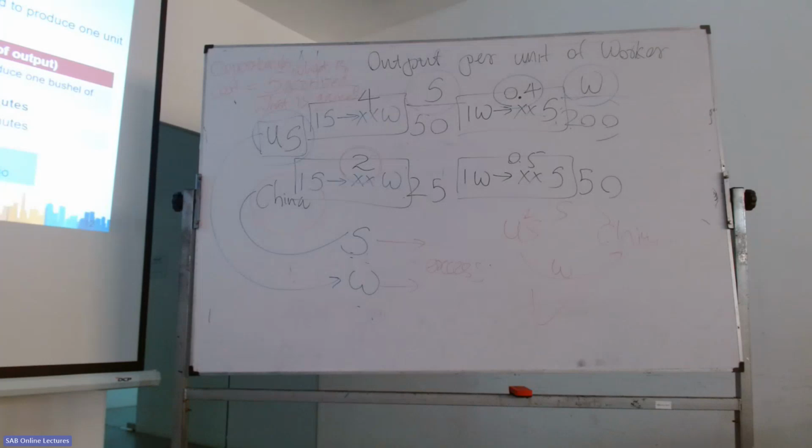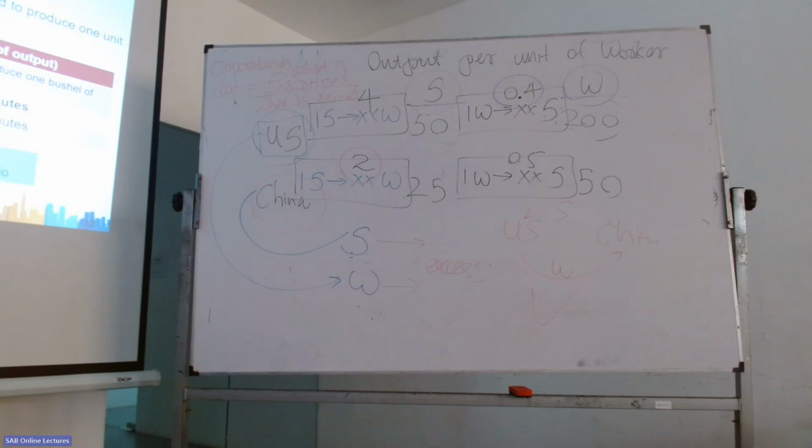So here you can't follow that formula, what is sacrificed divided by what is gained. Instead, the easiest way is to divide the time of producing one radio by the time of producing one bushel of wheat.